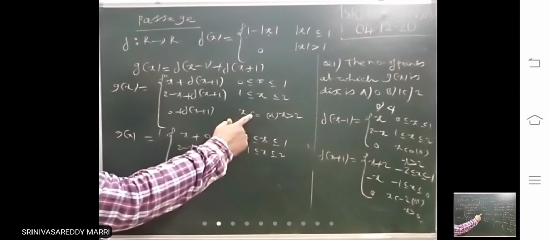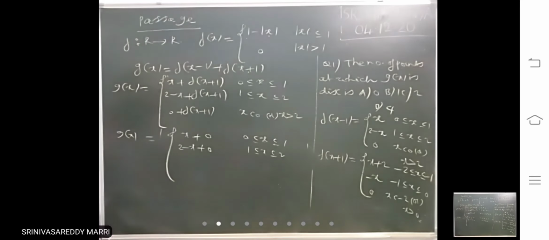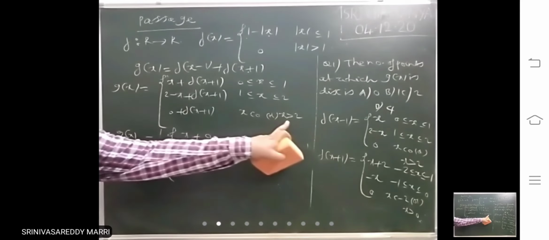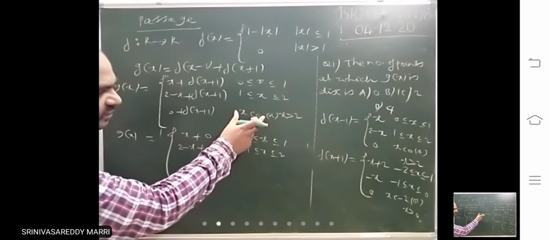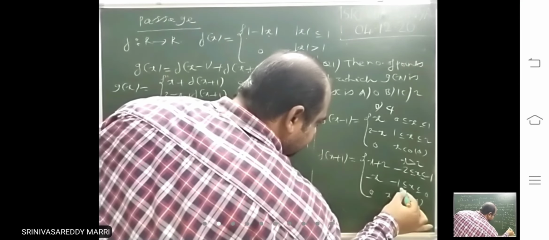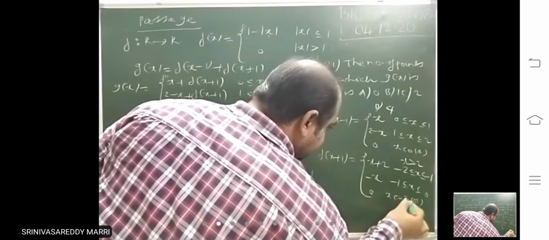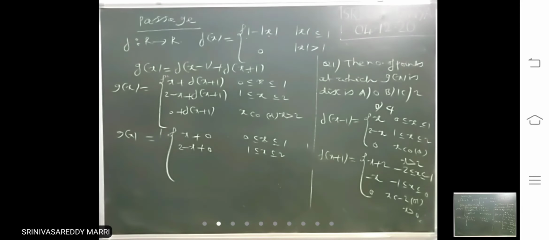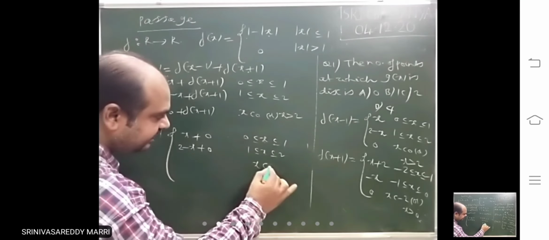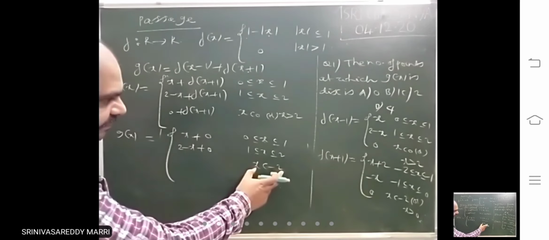So next, when x less than 0 and x greater than 2. For x less than 0, minus 1 to 0, one definition is there, and less than minus 2, one definition is there. What I am writing is this: less than 0 I am dividing into three parts.